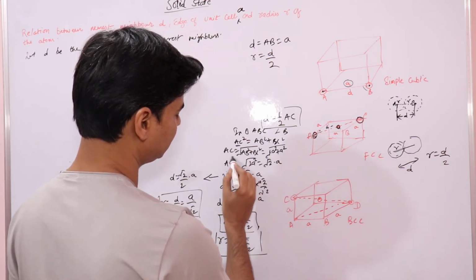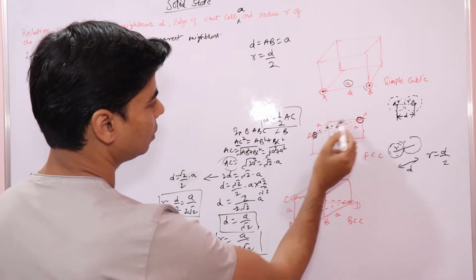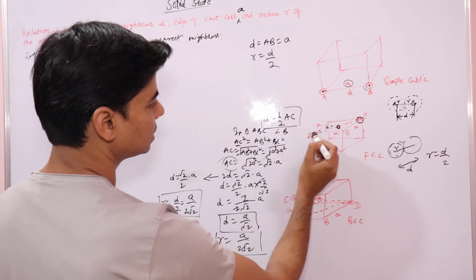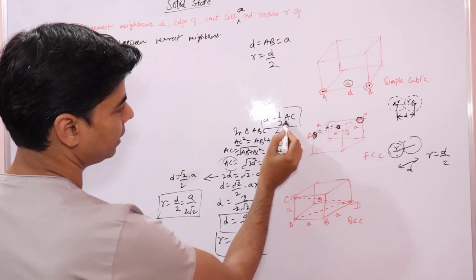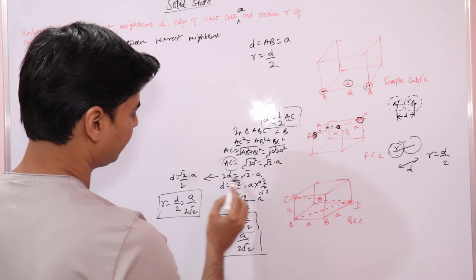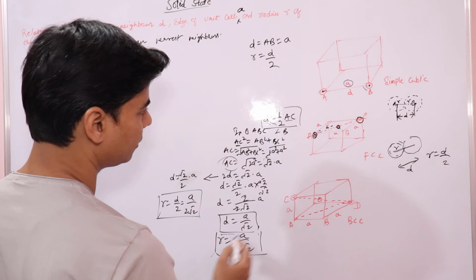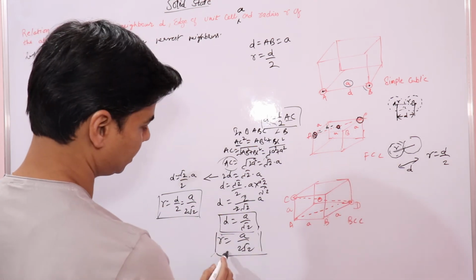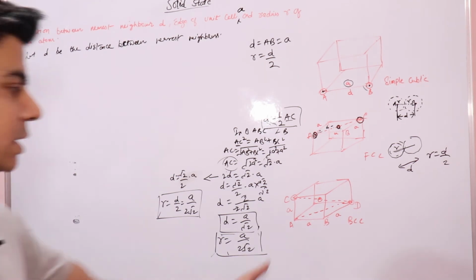Simple mathematics. AC is equal to root 2A. So AC is twice D. From here AC is twice of D, so we put the value of AC and this is what you will get. And from this relation you will get this. This is simple.